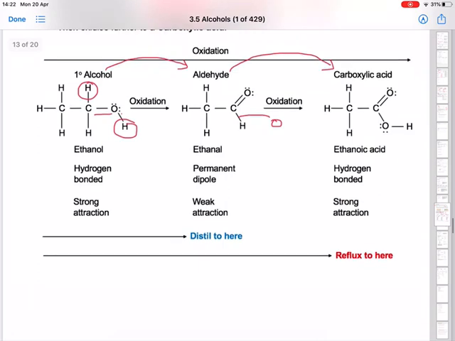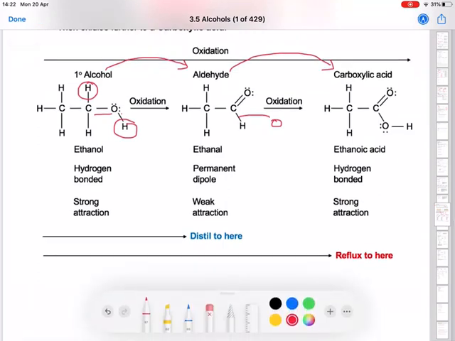When we make them, we use the structure of the molecules to determine what process we're going to use, because ethanol, because it's got an OH, is going to undergo hydrogen bonding. The carboxylic acid, the ethanoic acid, has got an OH as well, which means that will also do hydrogen bonding. But the aldehyde that we've got here doesn't have an OH, and because it doesn't have an OH, it can't hydrogen bond.